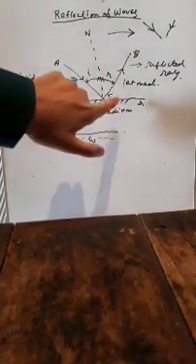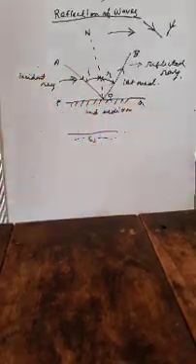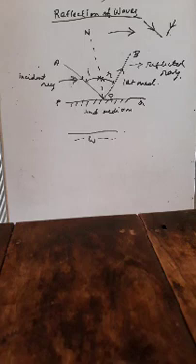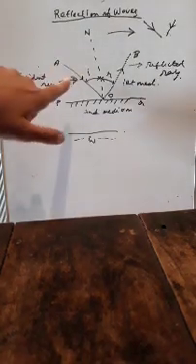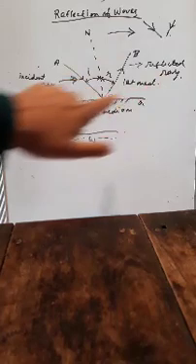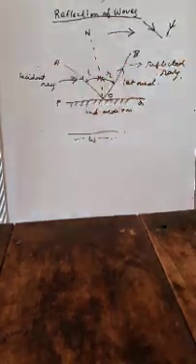And this point O is the point of incidence. AO and OB are the incident ray and the reflected ray respectively. I have also written it: AO is your incident ray and OB is your reflected ray.